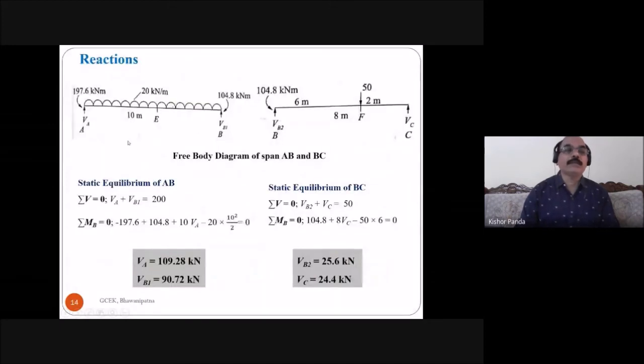Then the next step is to find out the reactions. For the reactions, you have to take separately what load is acting and what the moment is. So for each individual span, take the loads and moments.